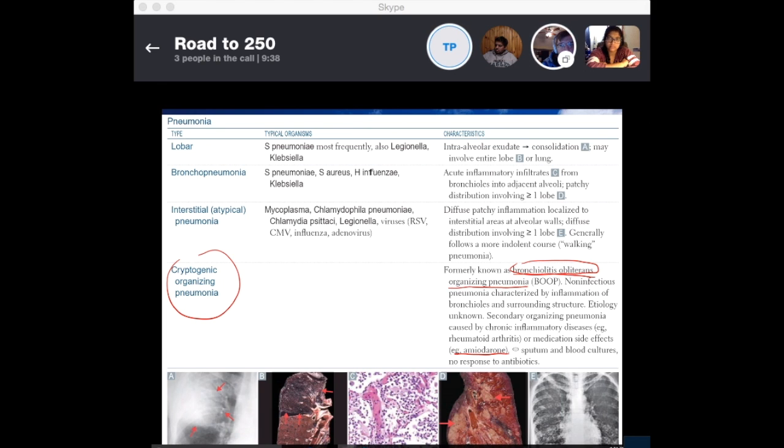Bleomycin, there you go. Sorry, that's dilated cardiomyopathy. Okay. And there's a big one. First letter's M. Methotrexate? There you go, methotrexate. And we've also got busulfan. That's another one.